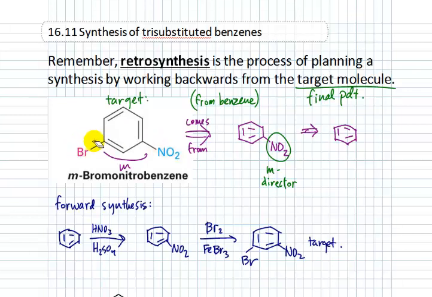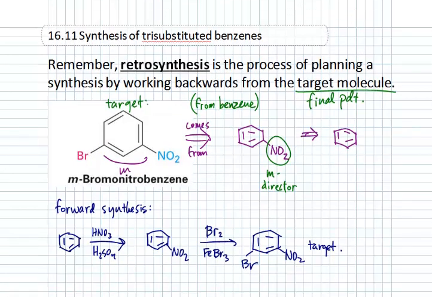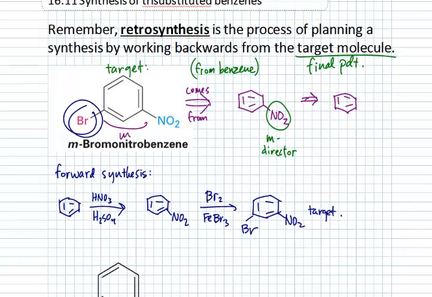So that's what we want. So that's the gist of retrosynthesis. It's just planning in your head or on paper what the last thing was that was added. Okay? In this case, the bromine is the last thing added. And then figure out where the substance came from before that.